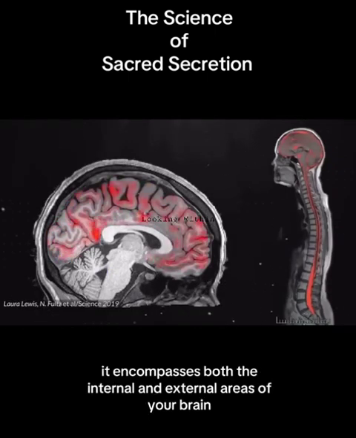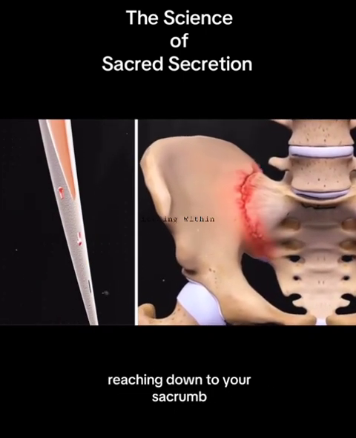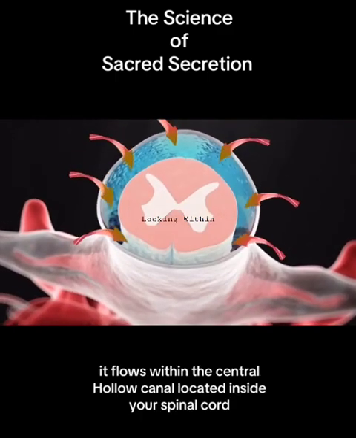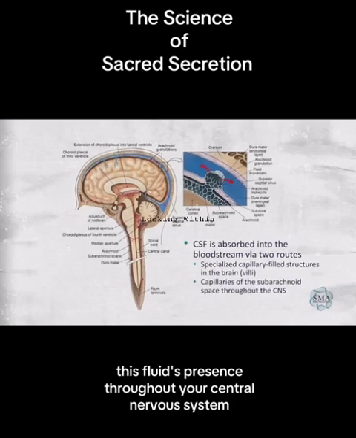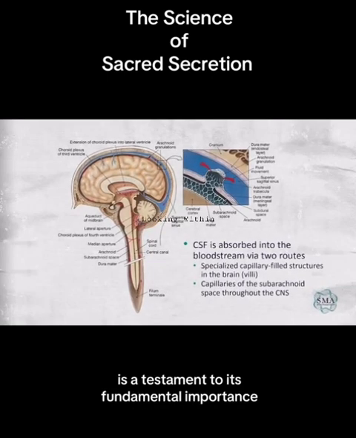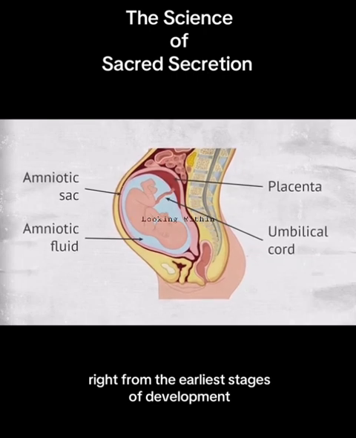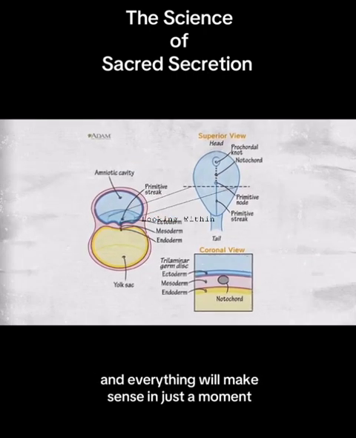It encompasses both the internal and external areas of your brain and travels the entire length of your spinal cord, reaching down to your sacrum. Additionally, it flows within a central hollow canal located inside your spinal cord. This fluid's presence throughout your central nervous system is a testament to its fundamental importance right from the earliest stages of development. This understanding is very important, and everything will make sense in just a moment.